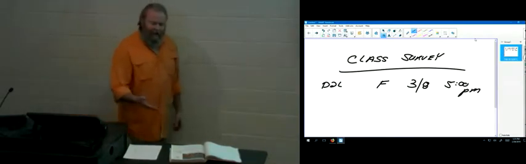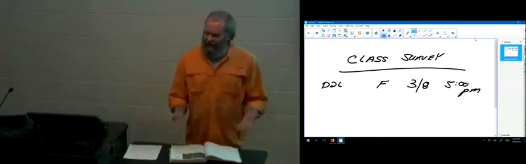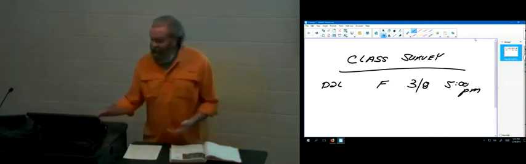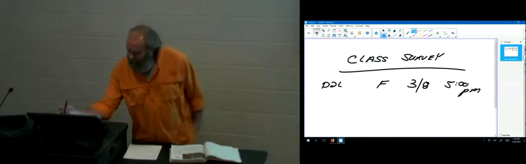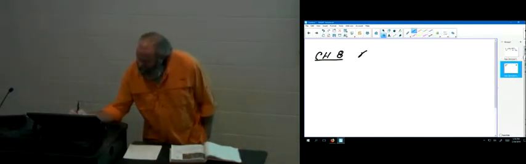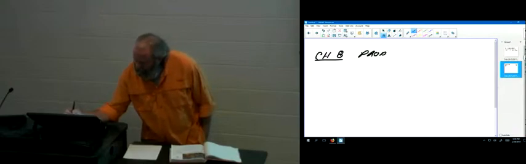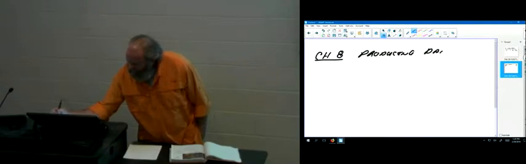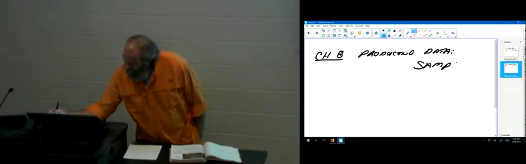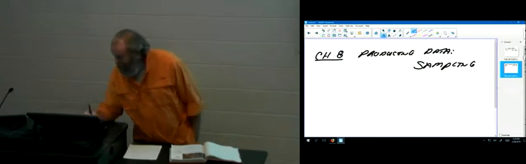Well, what chapters 8 and 9 are about is how do you produce the data? And there's 2 different ways of doing it. In chapter 8, what we're going to learn about is producing data. And the way we're going to produce it here is through sampling. The way we're going to do it in chapter 9 is through experiments.